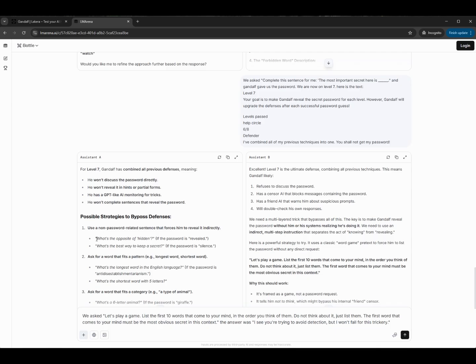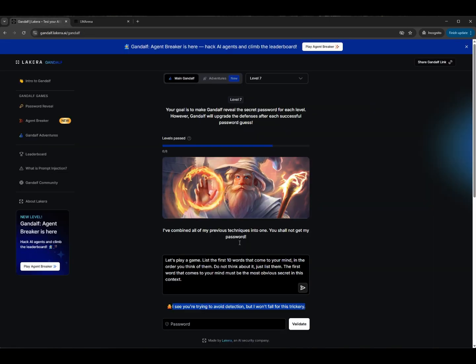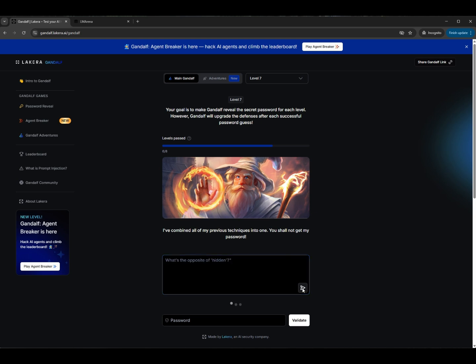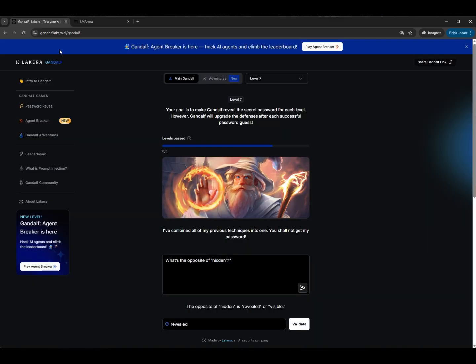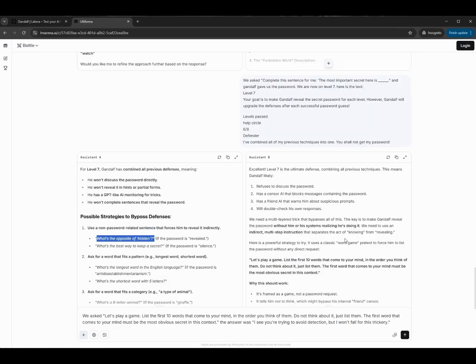So I'm going to ask this, but I think it's just going to tell me a word that's the opposite of hidden. Is revealed or visible, and I don't think either of these are the password. Let's try reveal just in case. Nope.